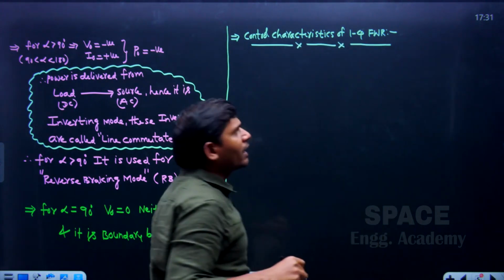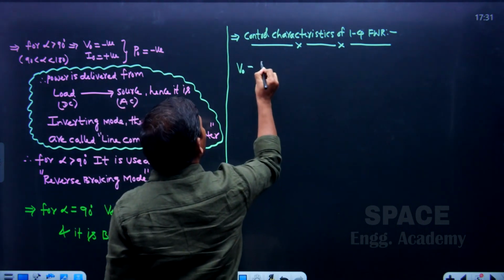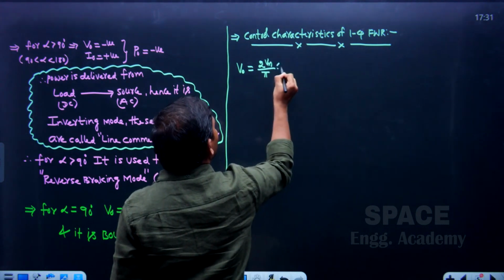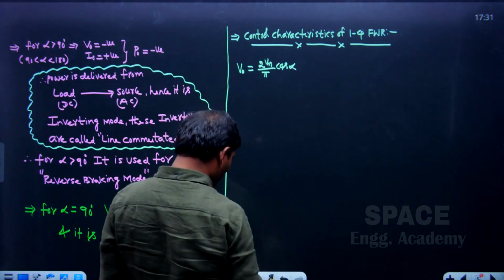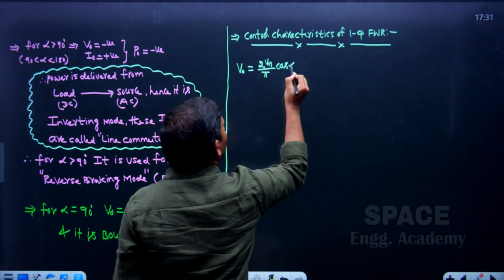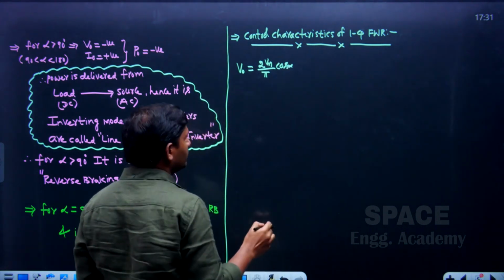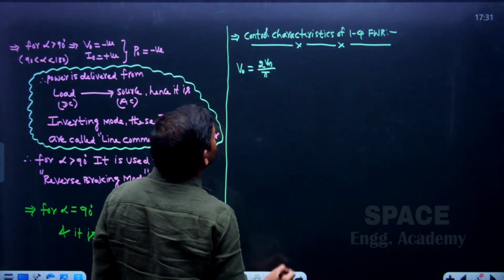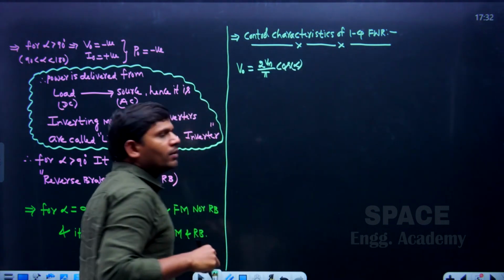What is V naught, students? V naught equal to 2 Vm by pi cos alpha.